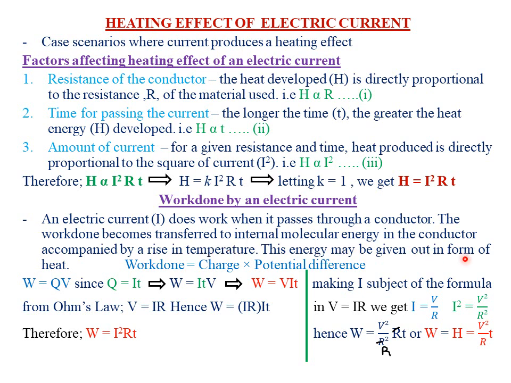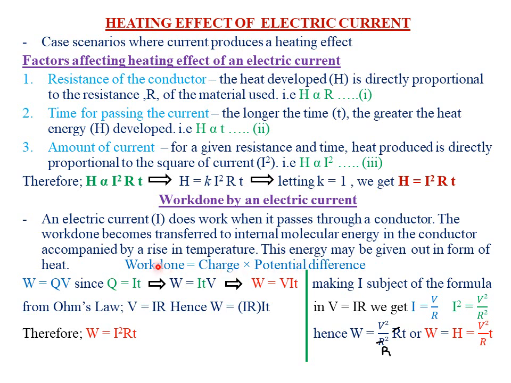So this energy may be given out in form of heat, because it is just electrical energy being lost in form of heat. Therefore, the work done, that is from current electricity 2, the first lesson, we did say that work done by an electric current or by an electric charge is equal to the product of charge and the potential difference.